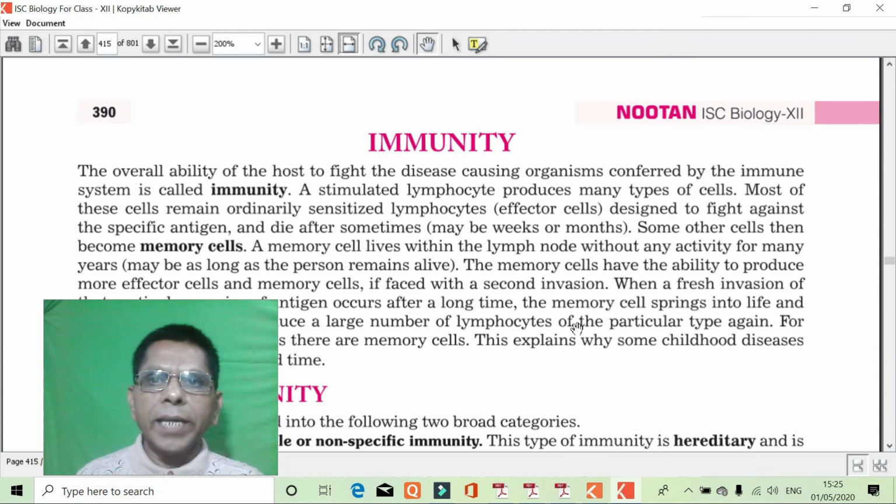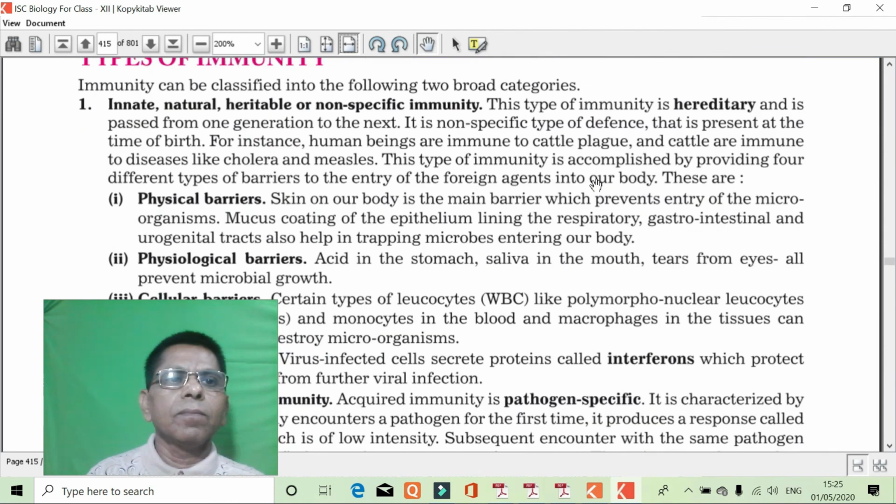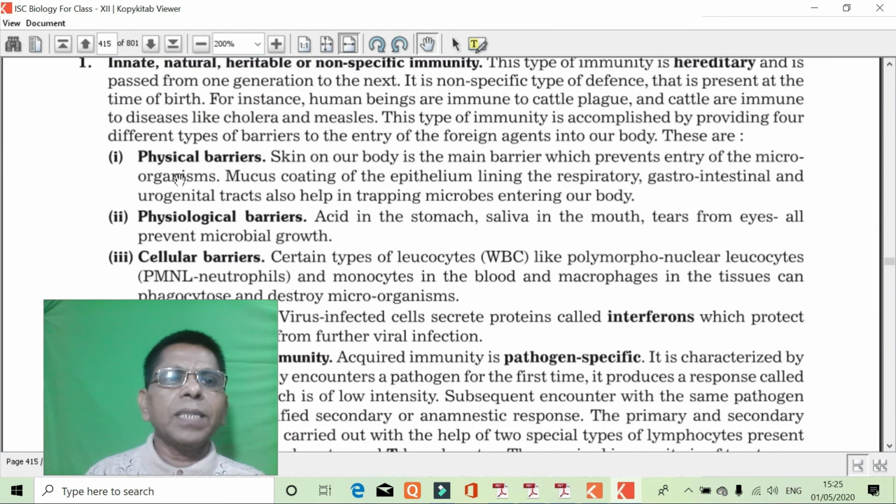Textbook of ISC, latest publication by Nutan. First line of defense of the innate immunity system. We are studying physical barriers and physiological barriers. The physical barriers and the physiological barriers explained in the ISC textbook are as follows. Now the first one is the physical barriers.